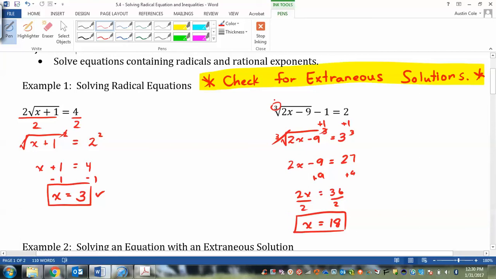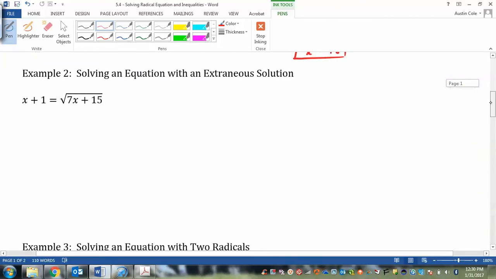Is there always an option? Yes. We don't need to check for extraneous if it's cube, only if it's squared. Questions there? Tristan? So it will always work if it's cubed? If it's cube, yes, we don't need to check. If it's squared, or I guess I should say an even root, we should check it. Okay?